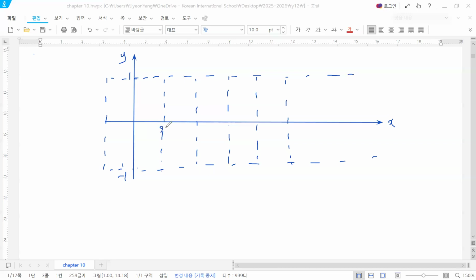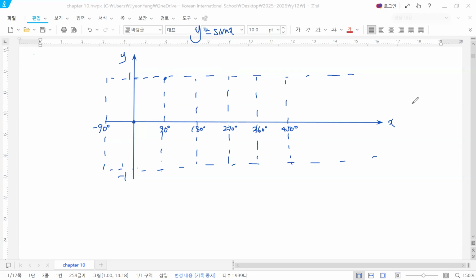So let's say it's 90 degrees, 180 degrees, 270 degrees, 360 degrees, and then 450 degrees. This one unit represents 90 degrees, and in this direction, negative 90 degrees. And then let's draw the graph of y equals sine x. Of course, you can draw this graph by using your calculator.